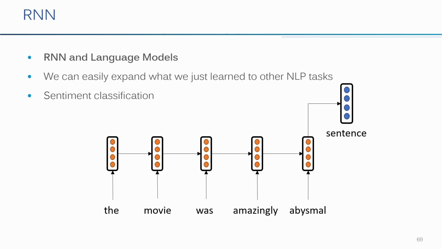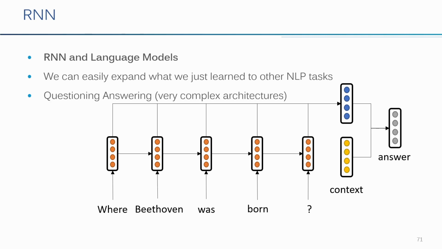Well, you can use the last state to categorize a sentence as positive or negative, or we can use the signals from each and every prediction and input this as an extra weight to whatever representation that we have of the sentence to make a better assessment or a better classification. Also, we can use this for question answering.